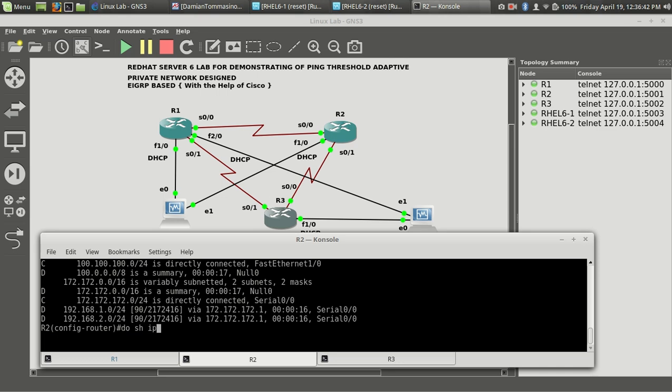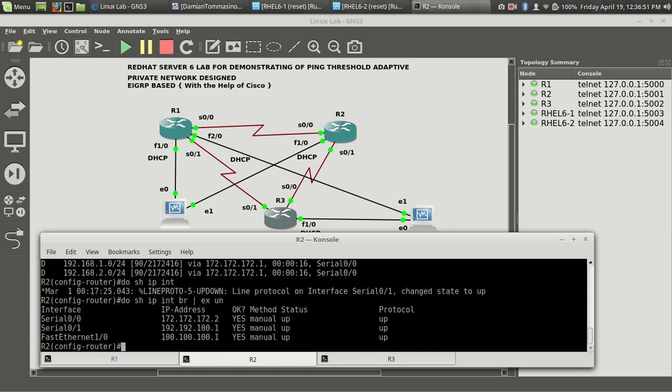Do show ip interface brief. Router 2 serial 0/1, I have the IP address 192.192.100.1. I can copy.